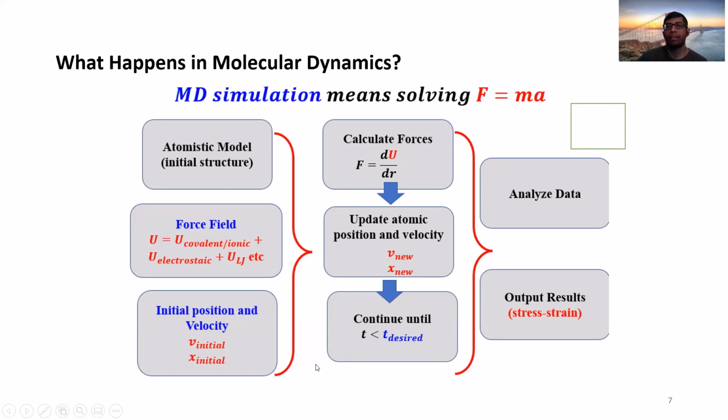Then at the end, when your simulation ends, you get a bunch of trajectory data that you analyze, and from that you extract your output results, be it force, displacement, or stress or strain. In short, at a very high level, that is what happens in molecular dynamics simulation.